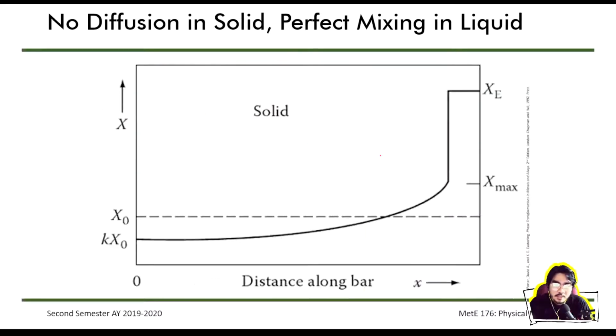And this will be the appearance of the bar. So the X naught slowly becomes progressively richer until you reach a point wherein you have X max.